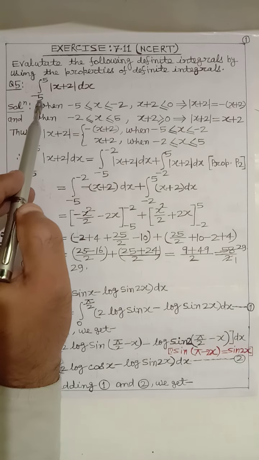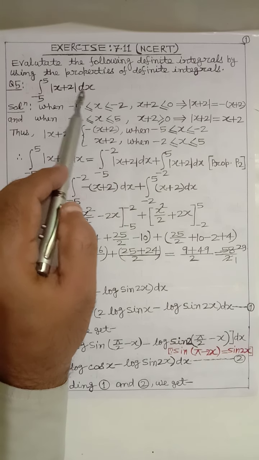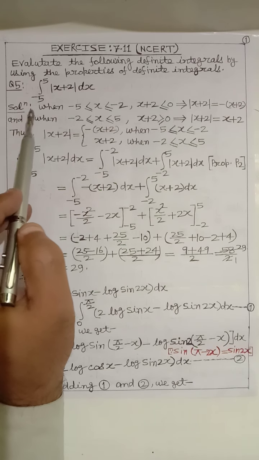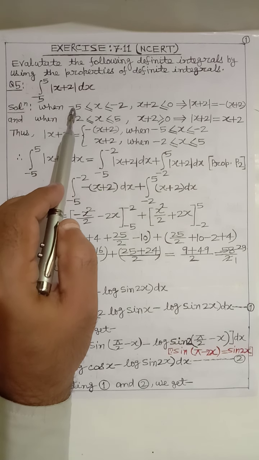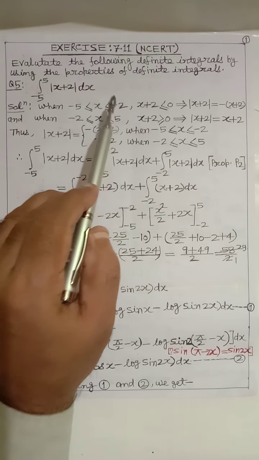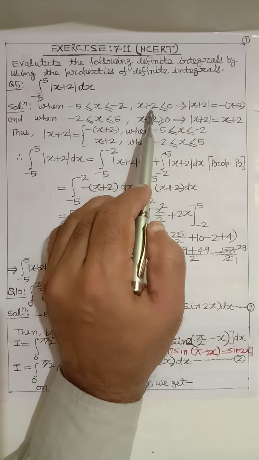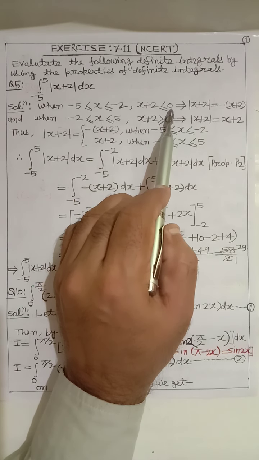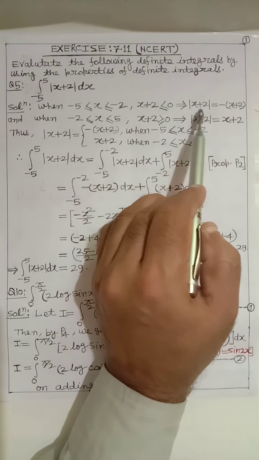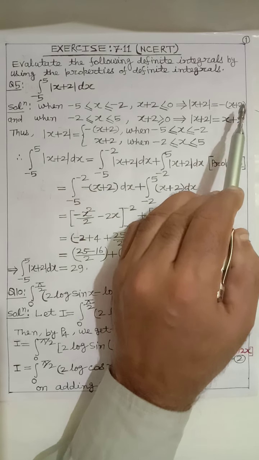Integration of minus 5 to 5 of mod of x plus 2 dx. To find the solution, when minus 5 is less than or equal to x less than or equal to minus 2, in this case x plus 2 is less than or equal to 0, and this implies that mod of x plus 2 equals minus (x plus 2).